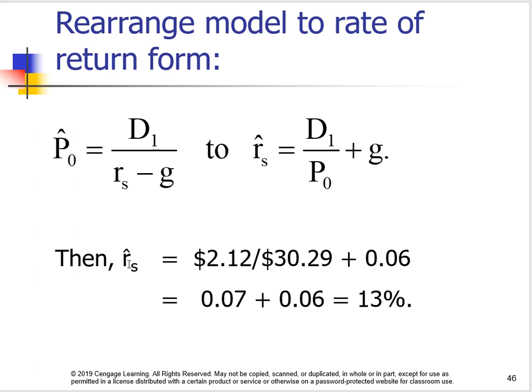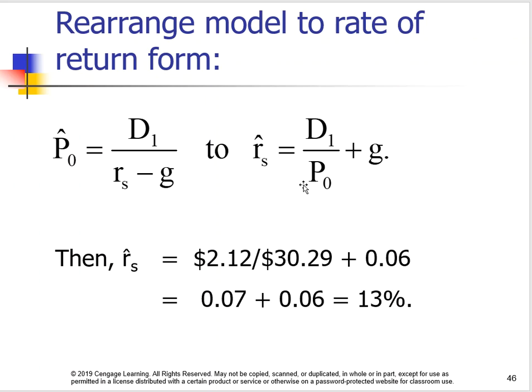Conceptually, the expected return on the stock using this model is a different number than the RS that we got from the CAPM. The CAPM is the required rate of return based on risk. This is the expected rate of return based on the cash flows. Conceptually, those are two different numbers, but in equilibrium, they need to be the same.